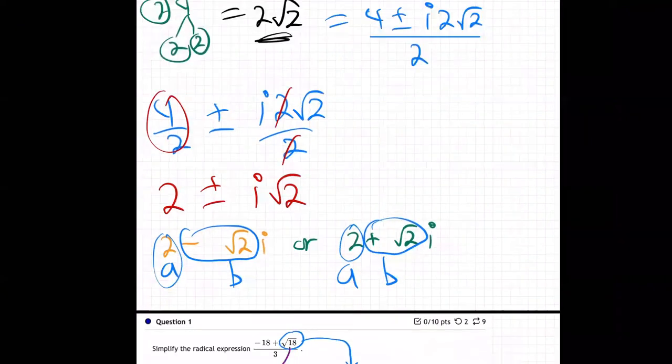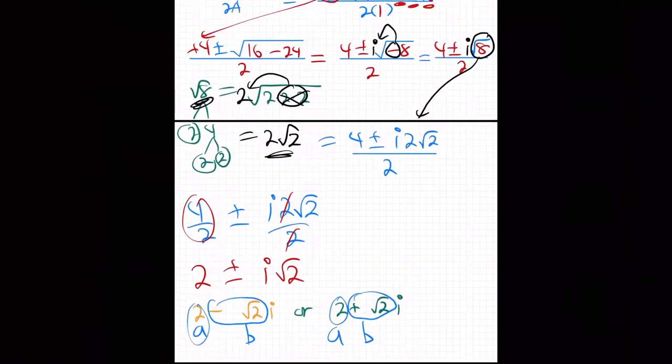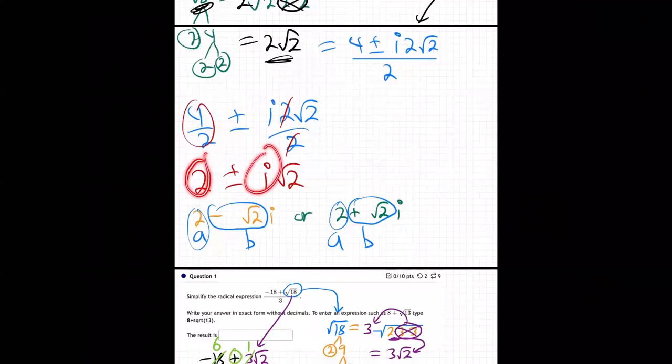So what they want you to do is take this answer. First off, I simplified the square root of 8 to be 2 root 2 because square roots are a 2 for 1 chip out. And then I broke it into 2 separate parts, both over that common denominator of 2. Simplified them both and then broke up the plus and the minus. I did the minus here, and I did the plus over there.